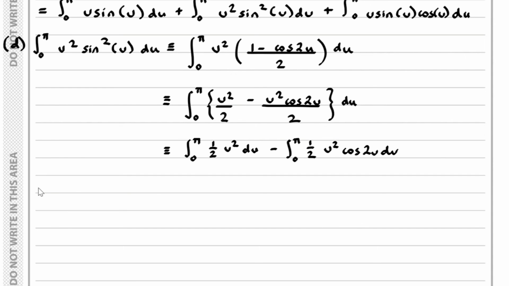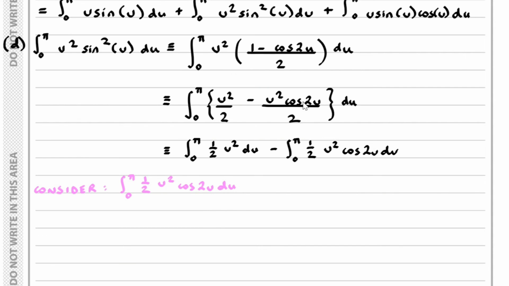So what we will do now is consider the integral from 0 to pi of 1/2 u squared cos 2u du.